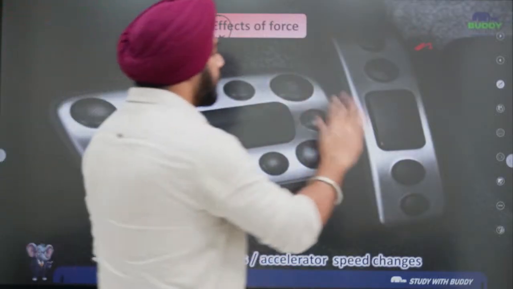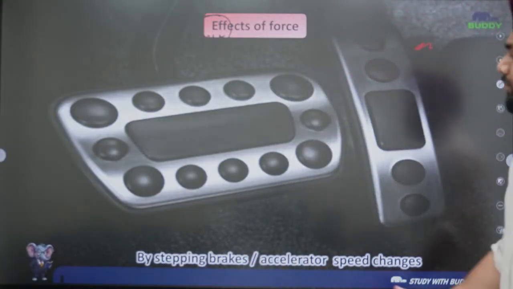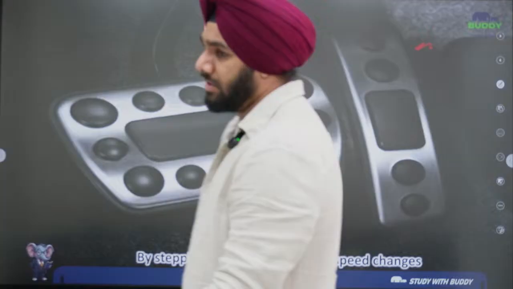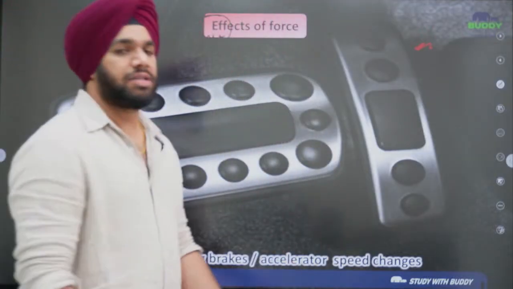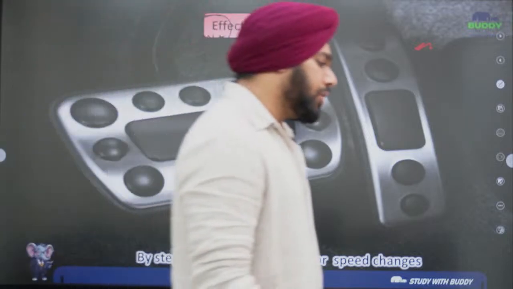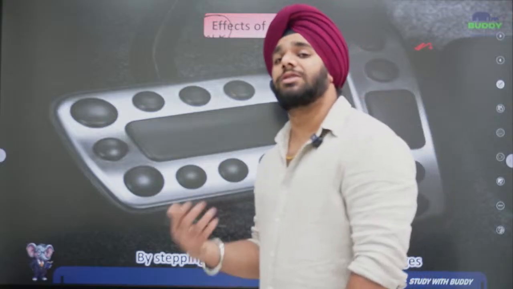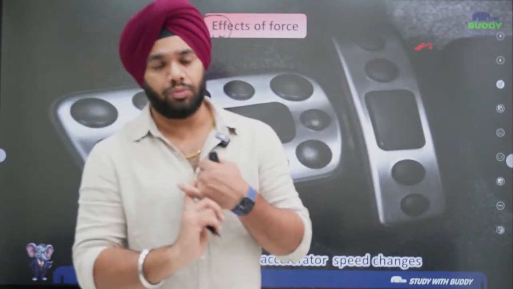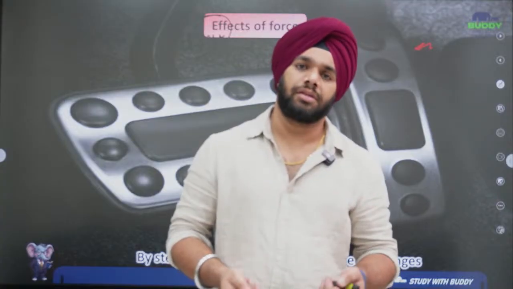So when you put force on the pedal, obviously due to the acceleration, the force which is exerted by us on the pedal, what will happen? It will change the speed, right? So basically this is the third effect of force, that it can change the speed. So first is rest to motion, second is motion to rest, third is it can change the speed or the velocity, right? Fourth is force can change the direction.